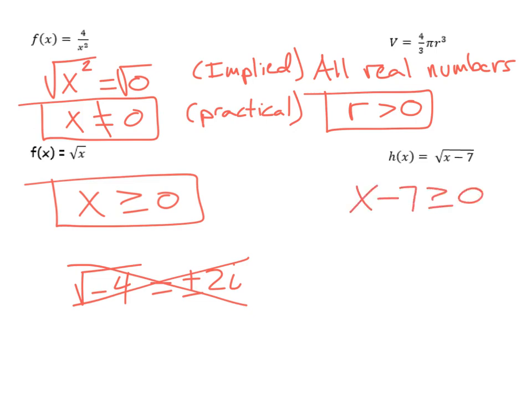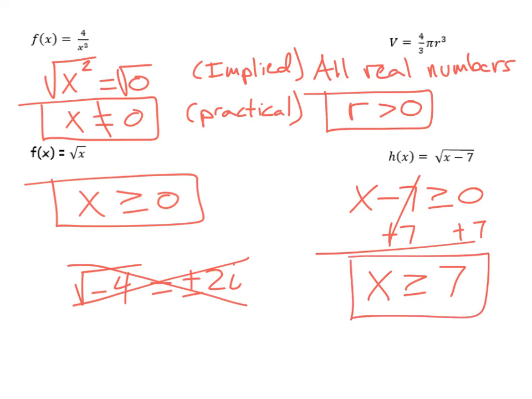Now here's the way you could do it. Take whatever is underneath the square root, okay? You need to set it up as an inequality that is greater than or equal to 0, and then you solve. And then for this one, x needs to be at least 7, okay? Got to be at least 7, okay?